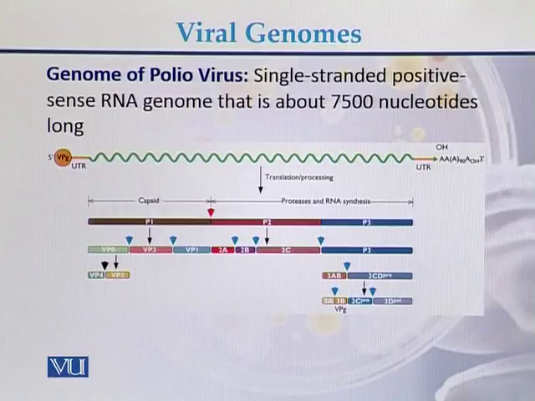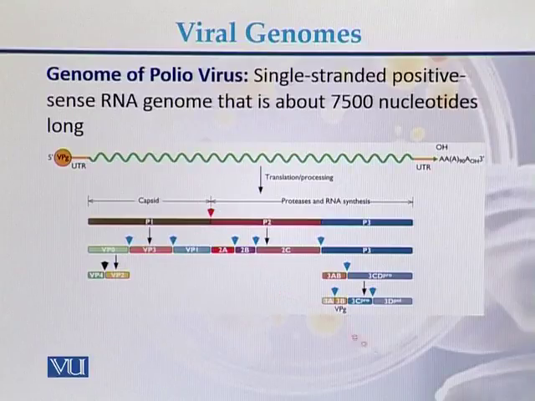The third example about viral genomes is poliovirus. Poliovirus is a single-stranded positive sense RNA genome that is approximately 7,500 nucleotides long, and these are the genes which code for specific polypeptides and proteins.